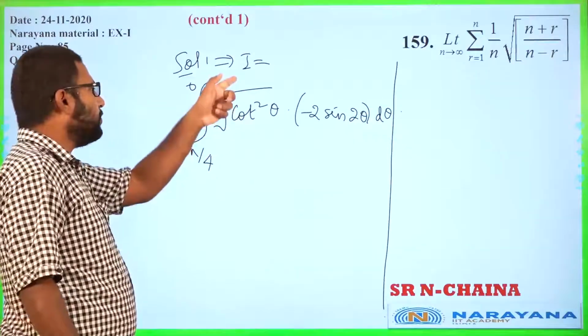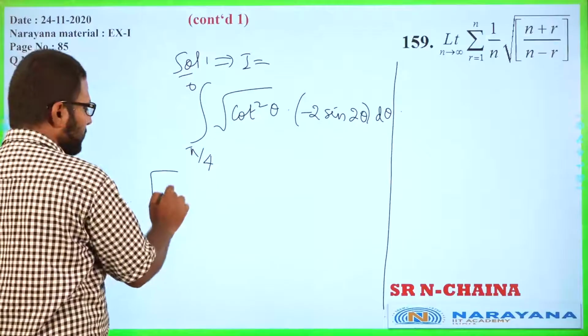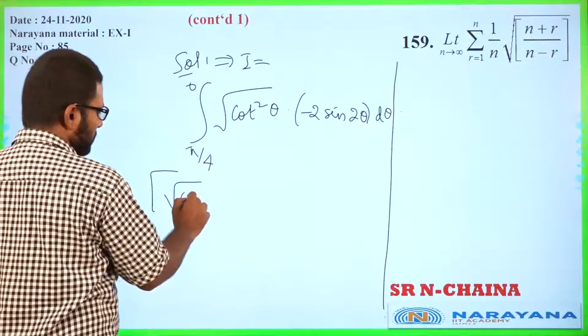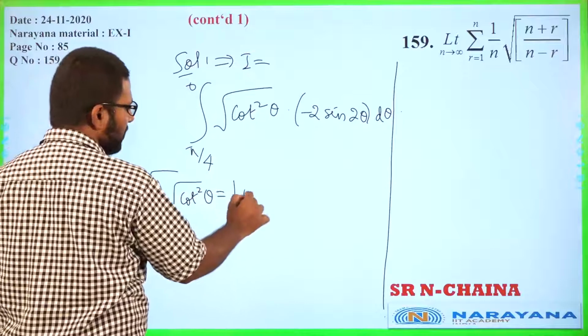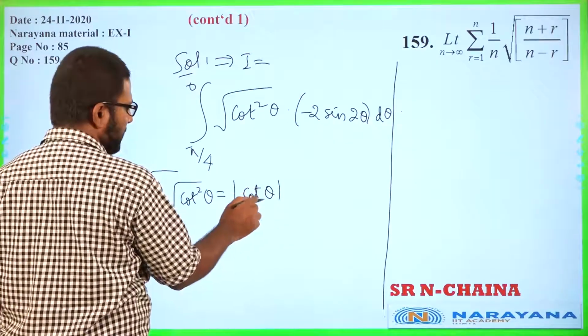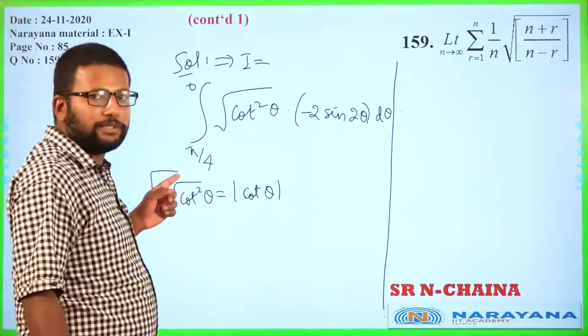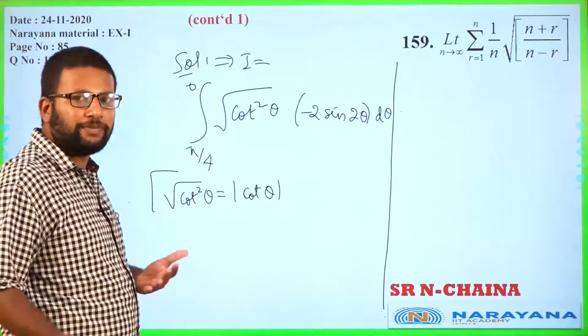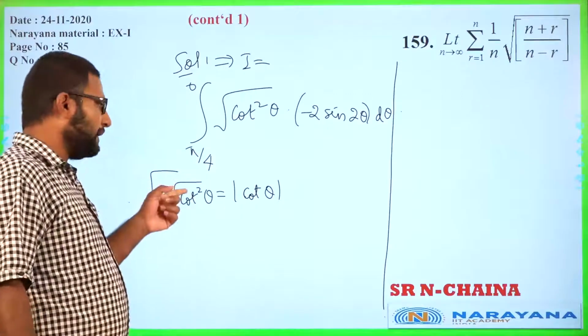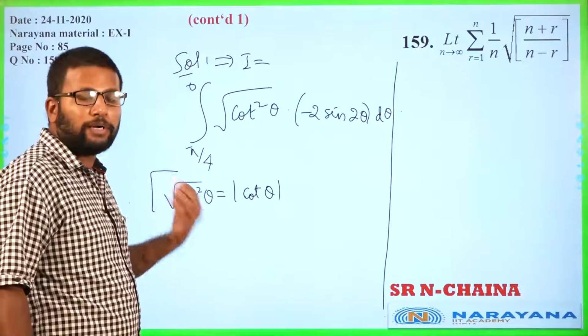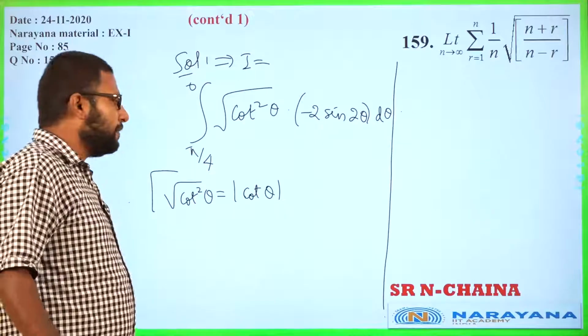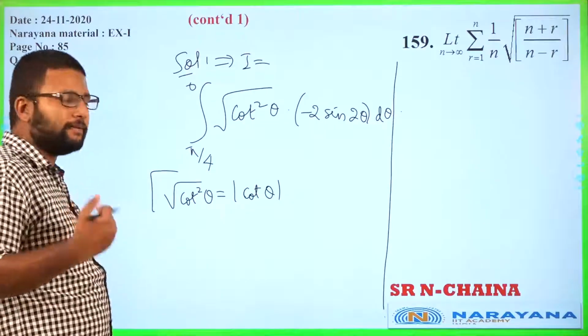Now, whenever you take a square root, just recall that root of cot square theta would be mod cot theta, right? Don't just cancel root and square. We have discussed this before, but if you don't remember, don't just directly cancel it. Always put a mod, because we want a compulsory positive answer, non-negative. It can be 0, so non-negative answer.